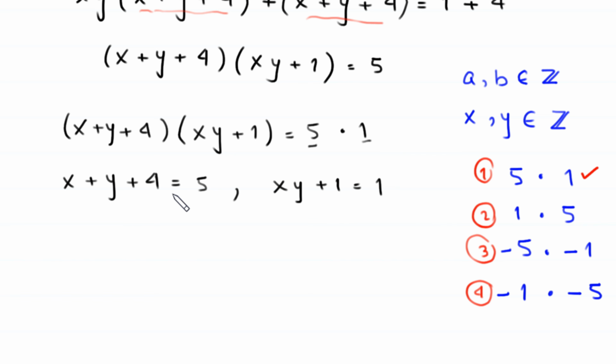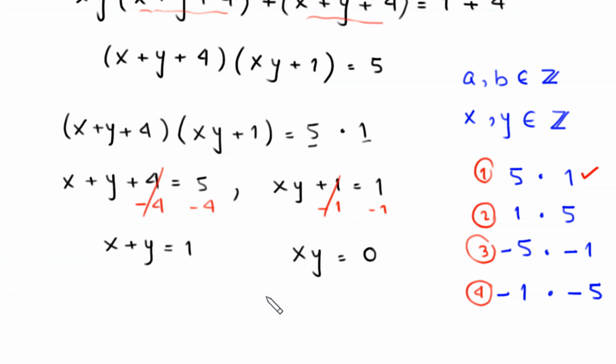From this equation, if we subtract 4 from both sides, this cancelled out, and we get the value of x plus y equal to 1. And from this equation, if we subtract 1 from both sides, this cancelled out, and we get the value of x times y equal to 0.